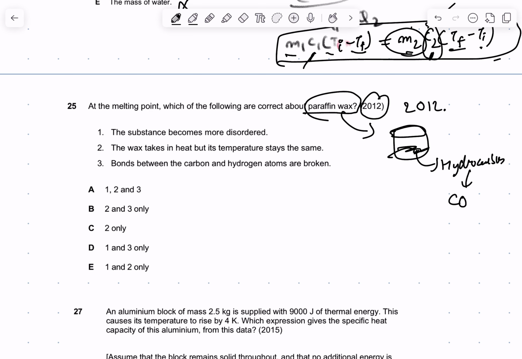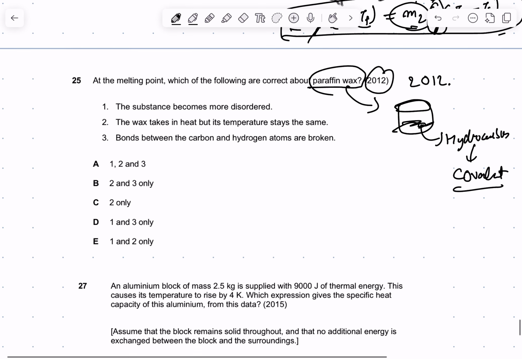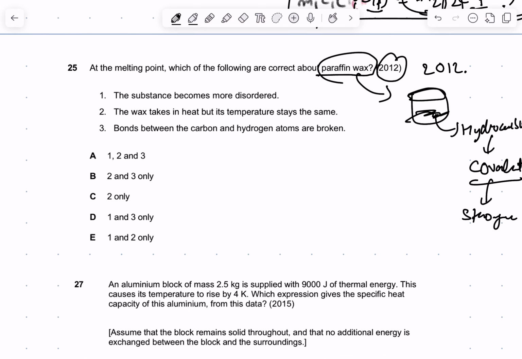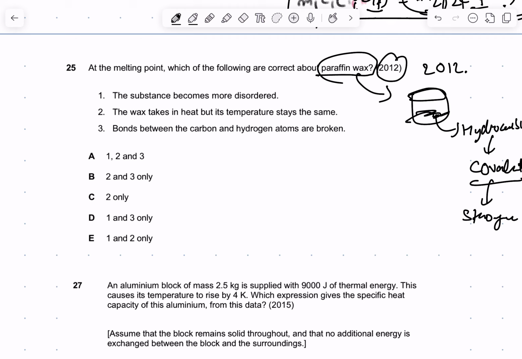Covalent bond, excellent. Perfect. And you must know that covalent bonds are relatively stronger.